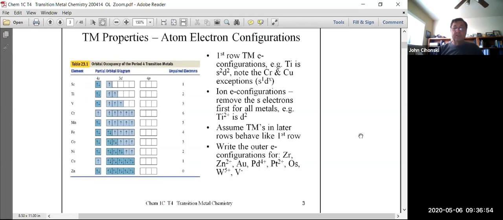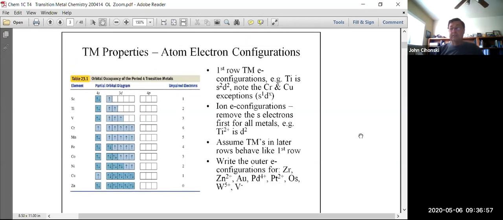Now, the one thing that we do need to understand is the electronic configuration of the transition metals. When you studied chemistry 1A, you went in with the main group. That would be the beginning and the very end of the periodic table, the main part. And you would talk about the electronic structure of something like sodium fluoride.